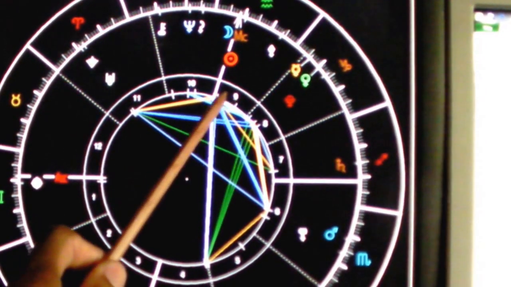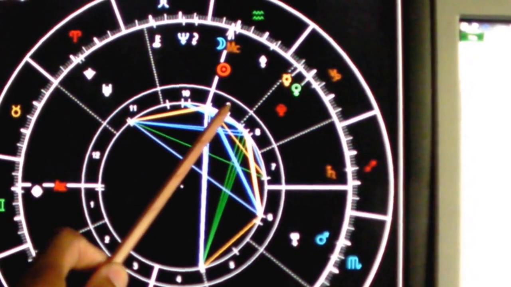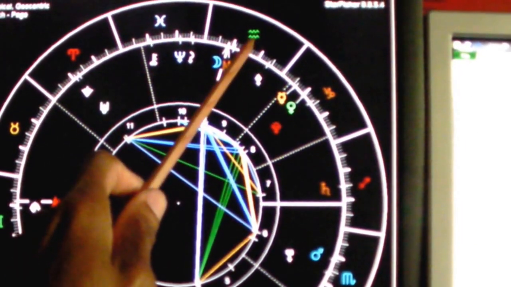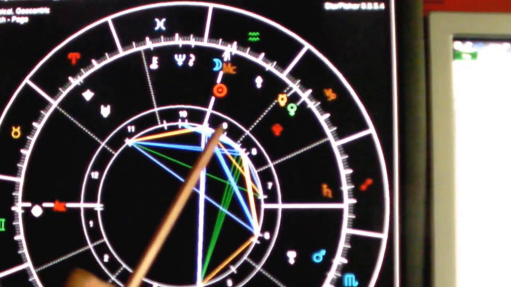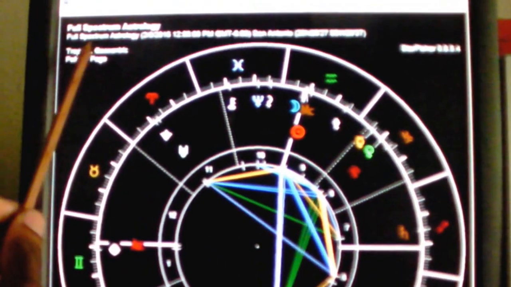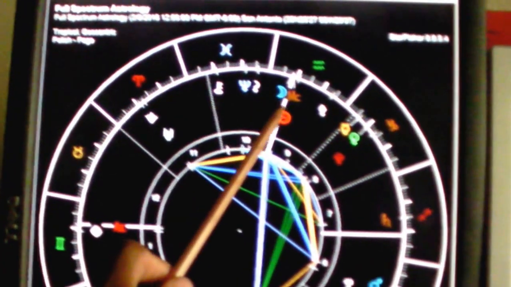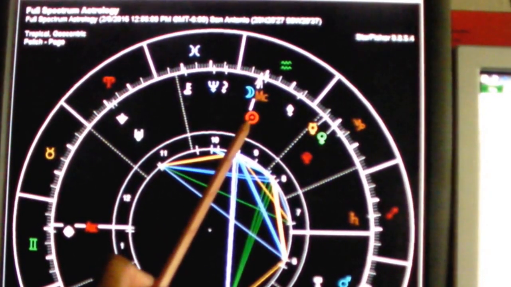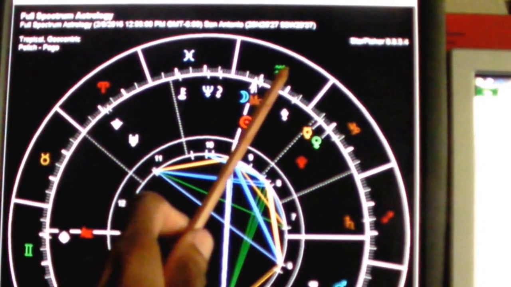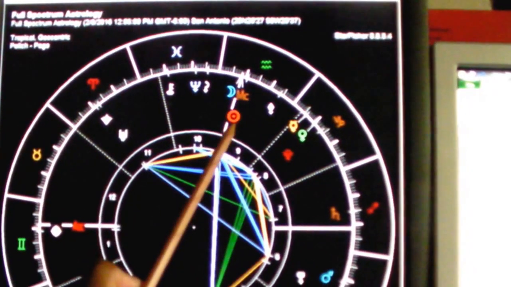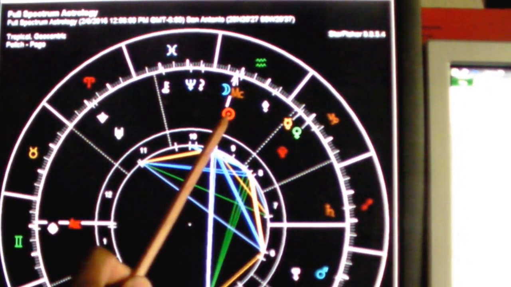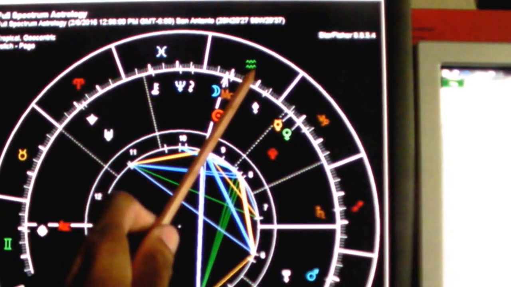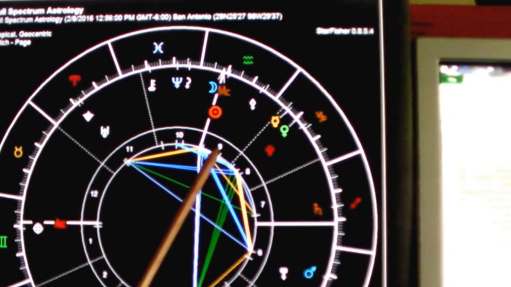And so if you know the 9th house is about journeys or learning, higher learning, and you know the sun is about ego, and you know that Aquarius is about data and information, then you could say that this chart, which is the chart of my first book, Full Spectrum Astrology, the book would have an ego which has the character of data and information, the way it projects itself to the reader, not in words, but just as an invention, is through the character of data and information in the realm of higher learning.